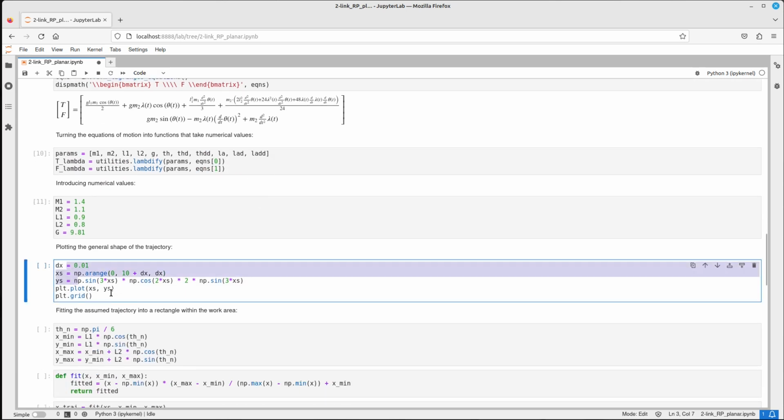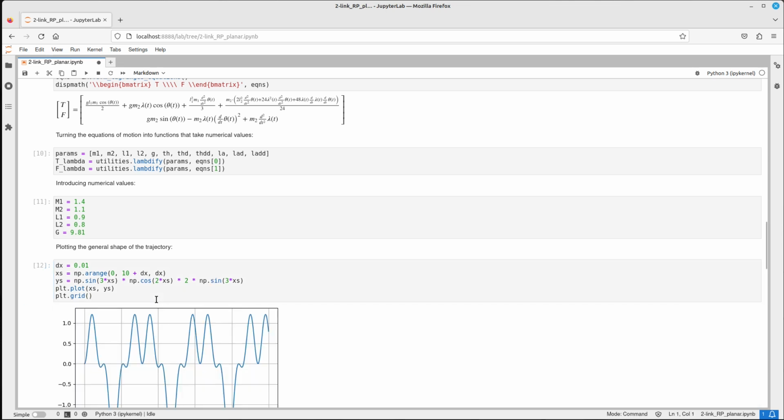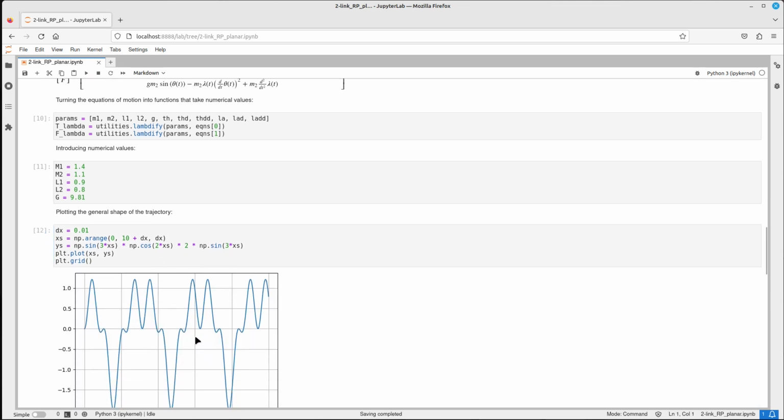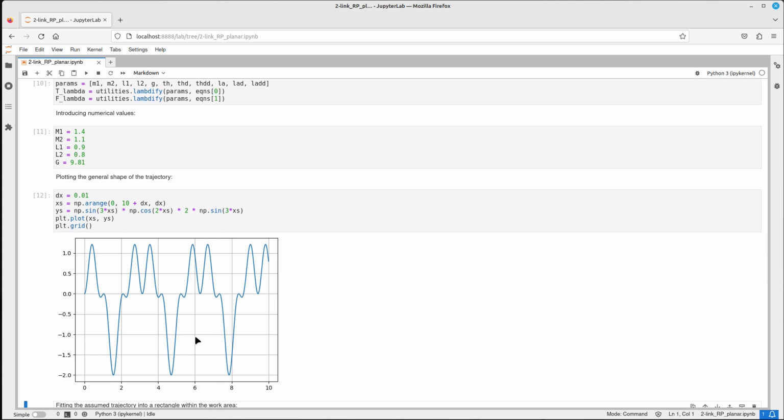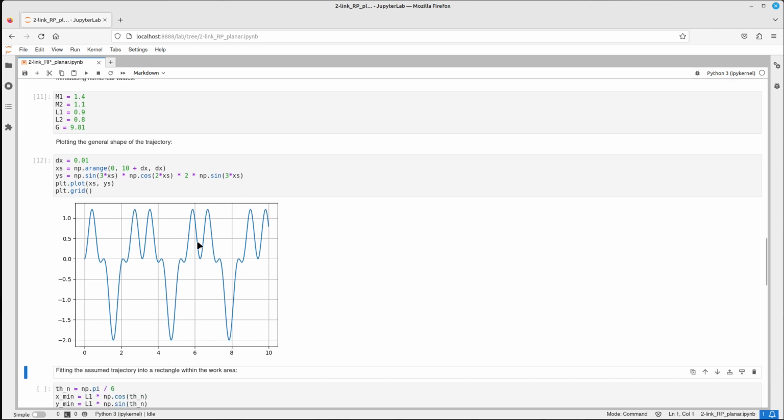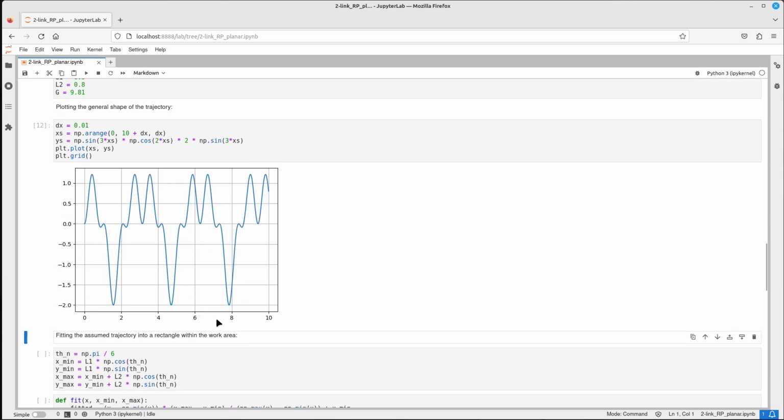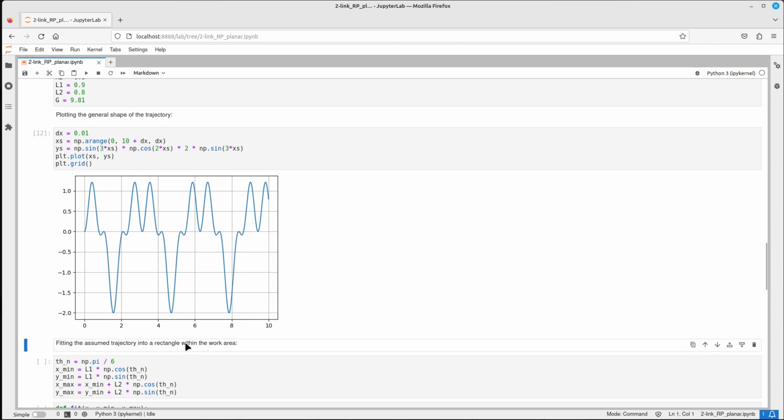So it's basically using the sine function and cosine function and sine function again to get something that looks like this. It doesn't necessarily have to be this, but it's just an example. It doesn't really matter because you can replace it with anything else you want to have there, and it can work just fine.